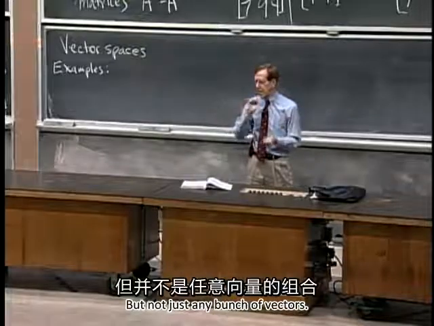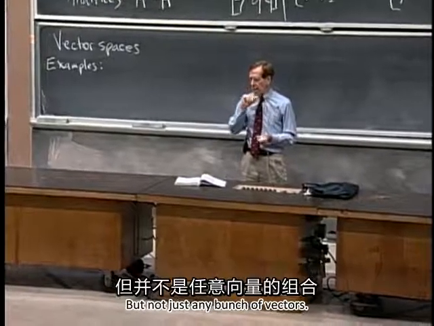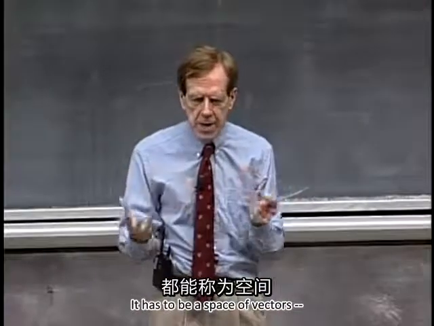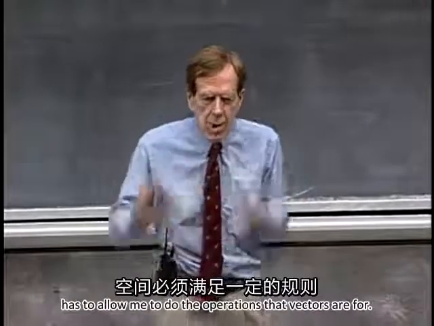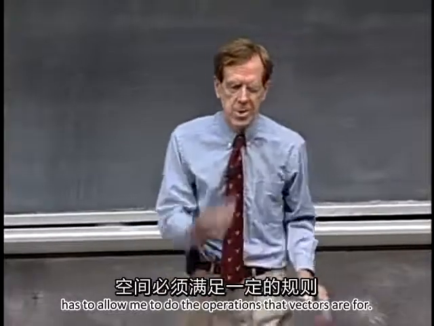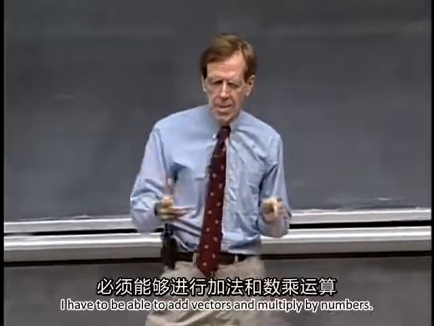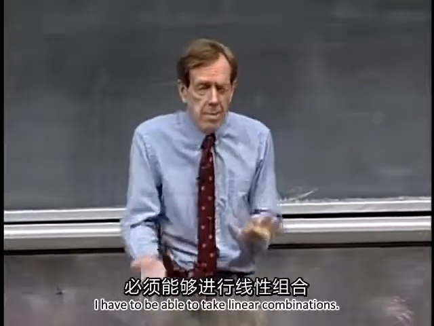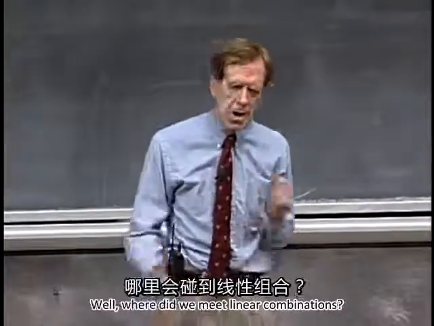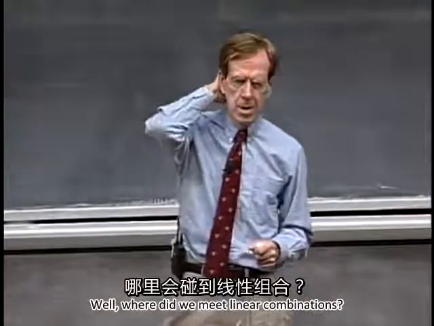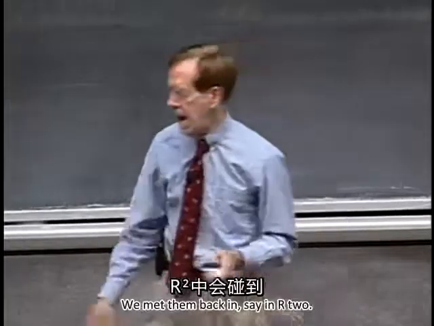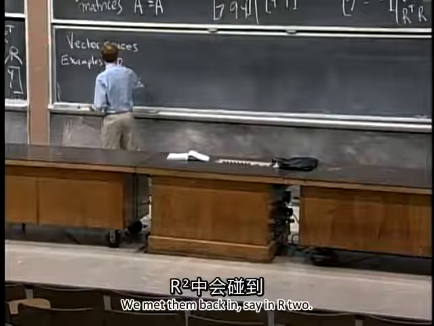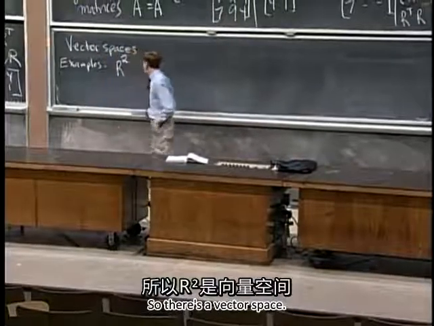But not just any bunch of vectors. A space of vectors has to allow me to do the operations that vectors are for. I have to be able to add vectors and multiply by numbers. I have to be able to take linear combinations. Well, where did we meet linear combinations? We met them back in, say, R2. So there's a vector space.